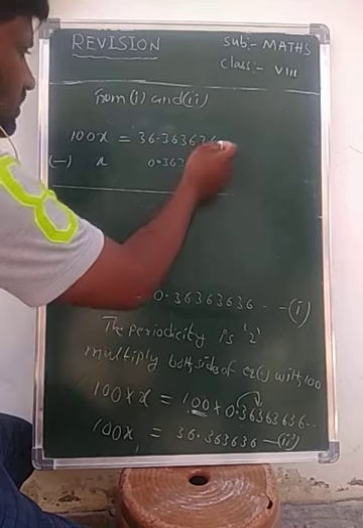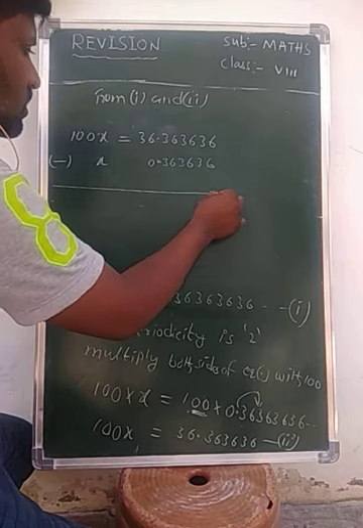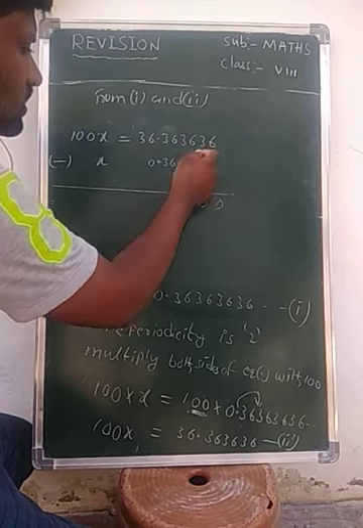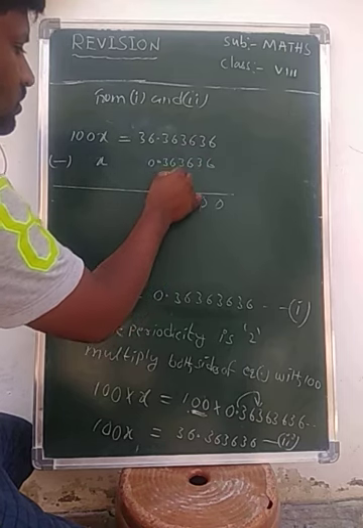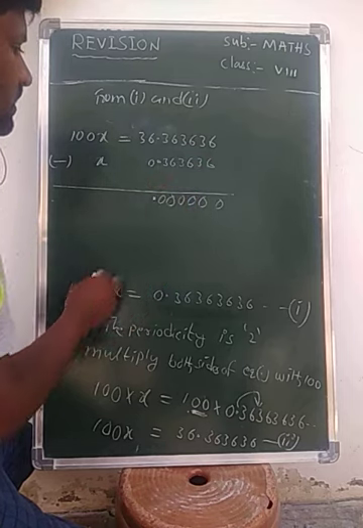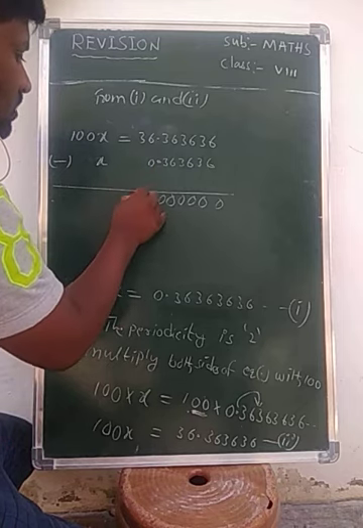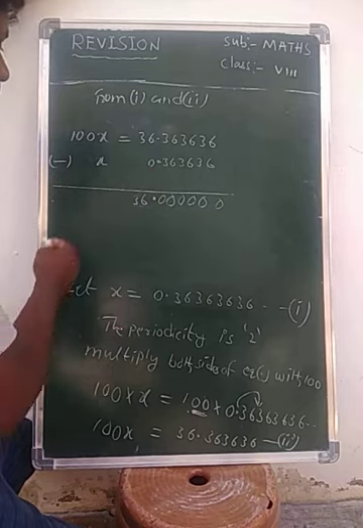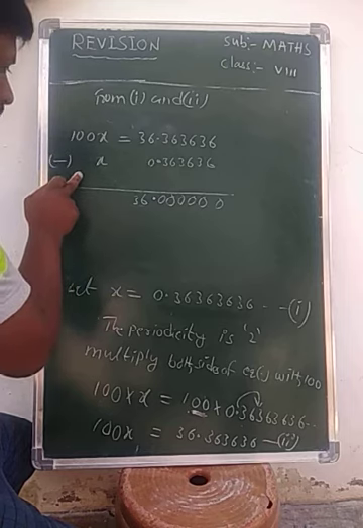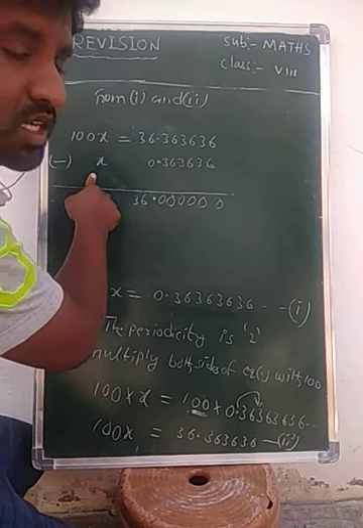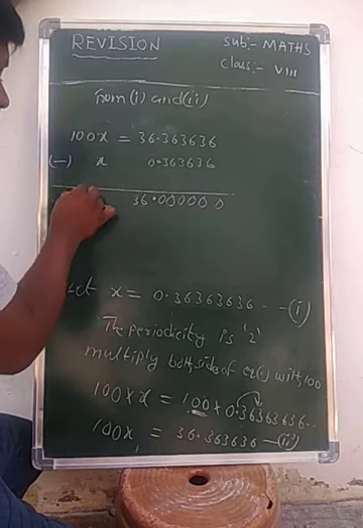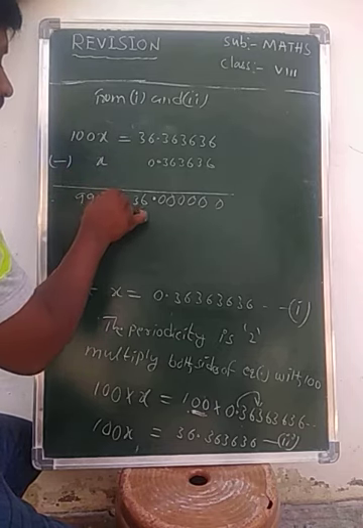By doing subtraction we get 6 minus 6 is 0, 3 minus 3 is 0, 6 minus 6 is 0, 3 minus 3 is 0, 6 minus 6 is 0, and 0.36 minus 0, that is 36 only. 100x minus 1x, we can understand it as 99x.